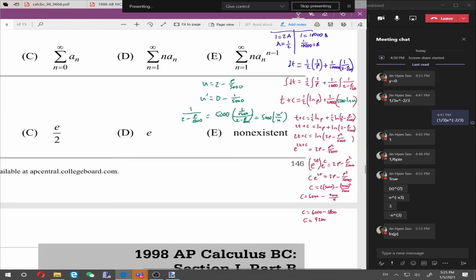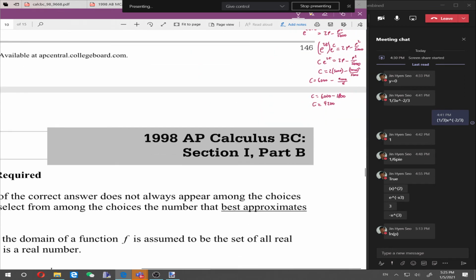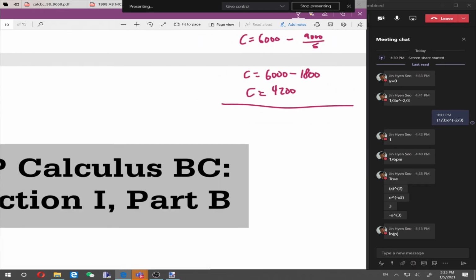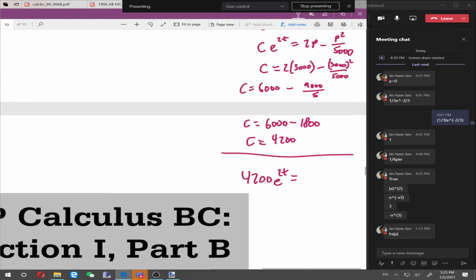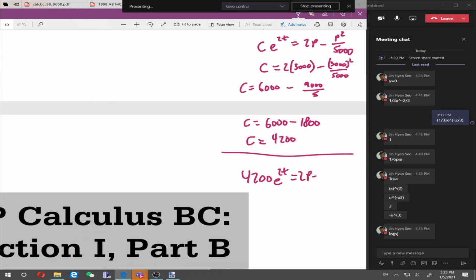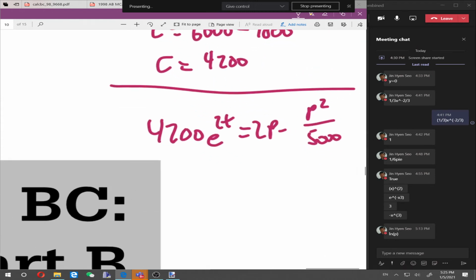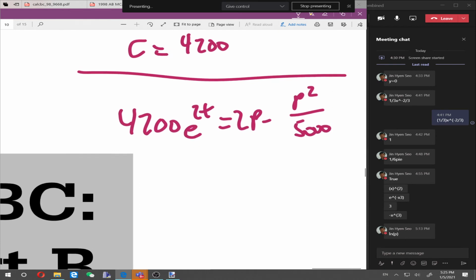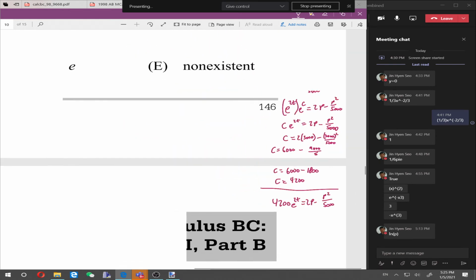I guess I'm just going to keep going down. So that gives us 4200 e to the 2t is equal to 2p minus p squared over 5,000. Okay, what am I looking for?